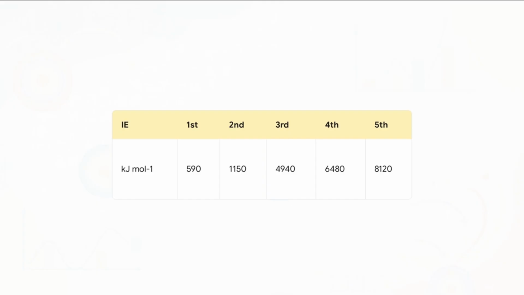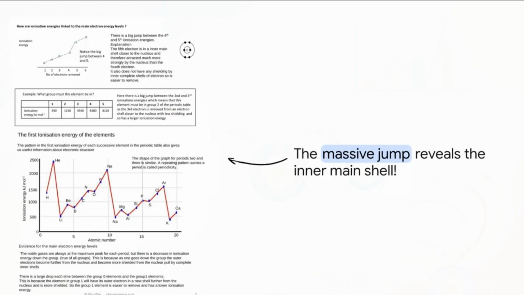I mean, the first takes 590 kilojoules per mole. The second takes 1150. That's a jump, sure. But then look at the third, a whopping 4,940. Plotting this data out reveals our very first major clue. That massive sudden spike you see between the second and third ionization energy proves something structural.